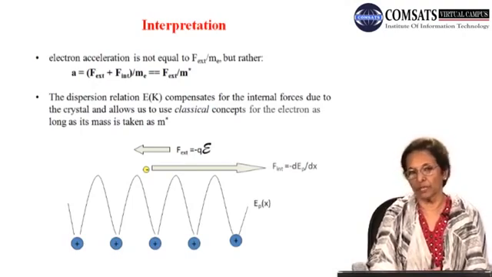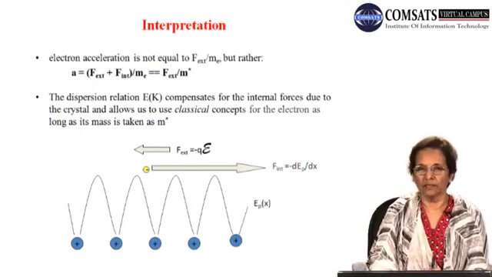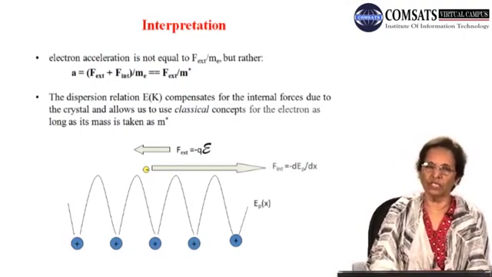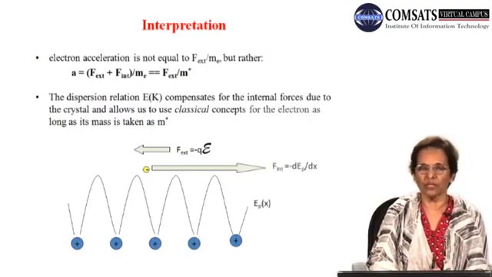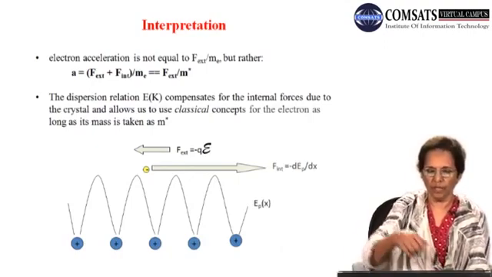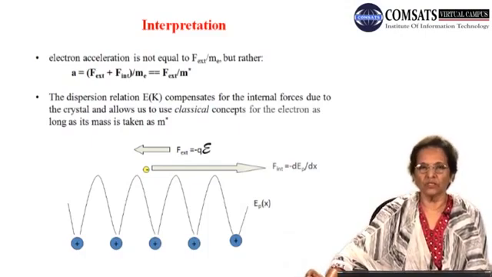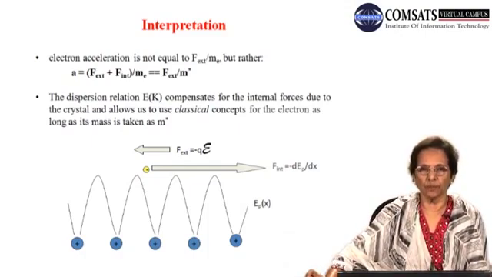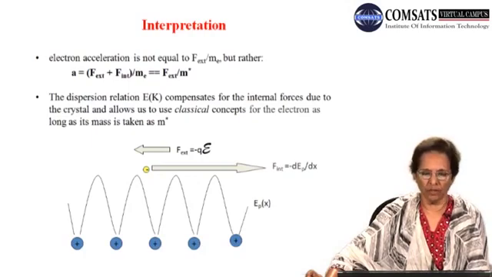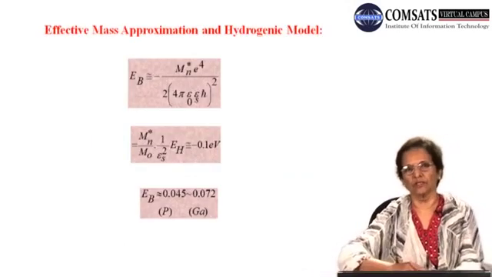The effective mass has been used to replace the mass of the electron in vacuum. So having made this simple approximation and using the quantum mechanical relationship of the electron, we move on further.